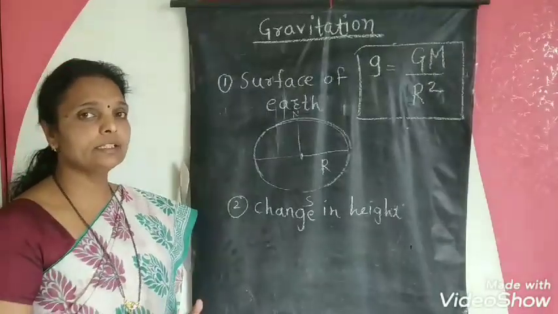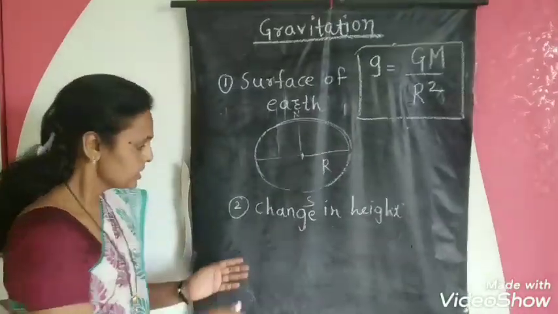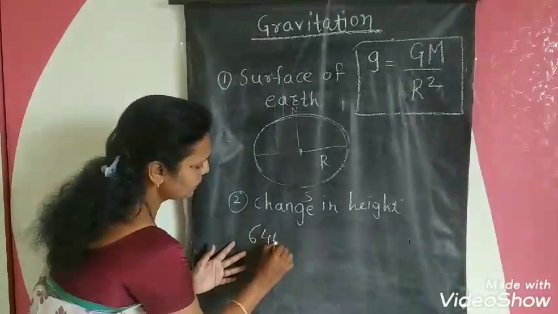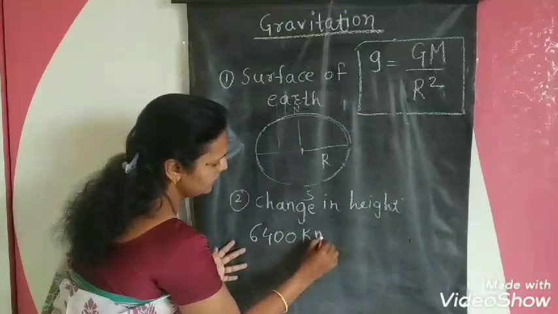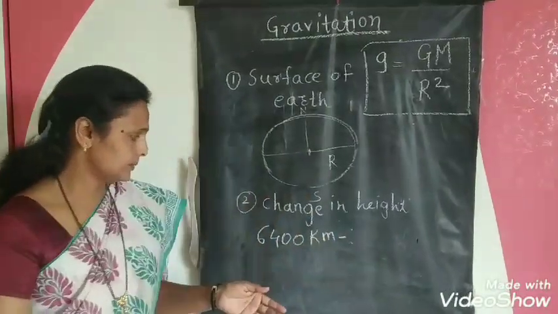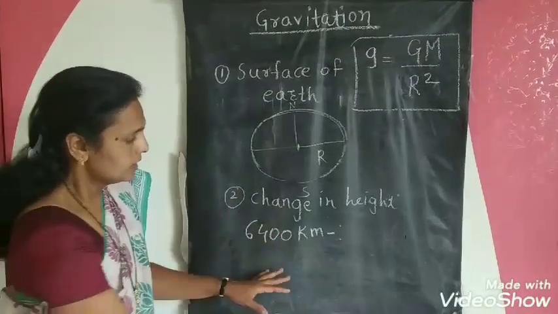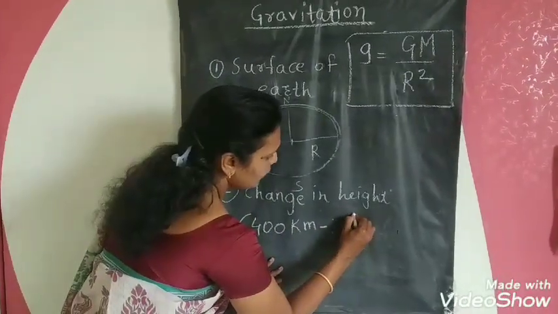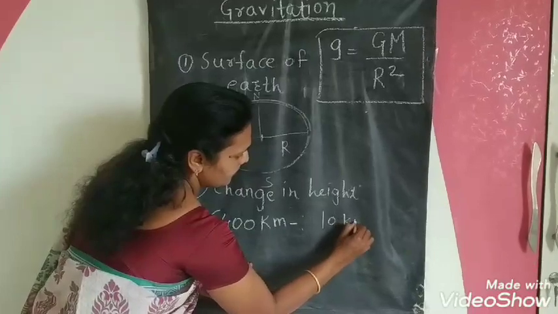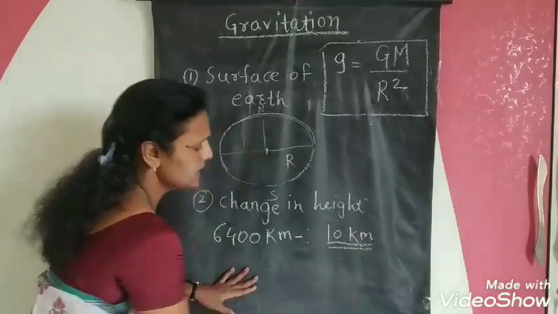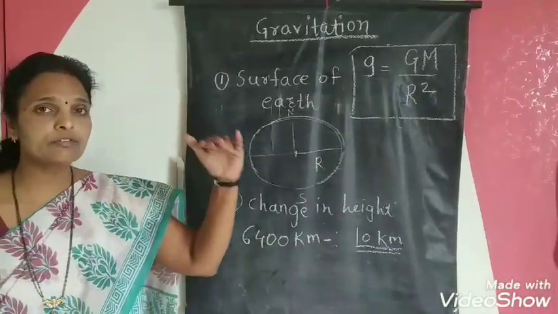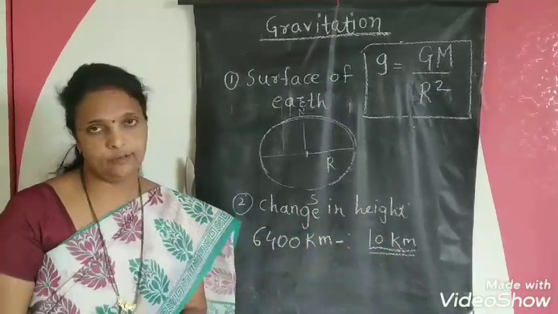One example: the radius of the earth is 6400 kilometer, and suppose an aeroplane is flying above the surface of the earth at 10 kilometer.